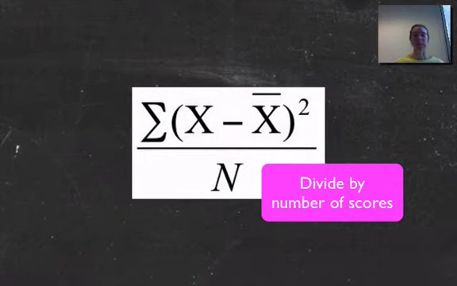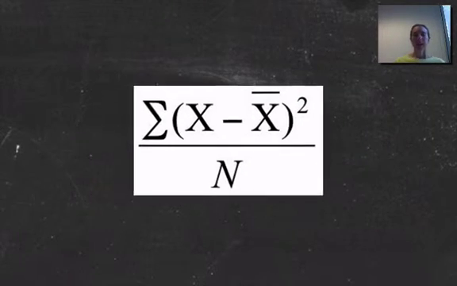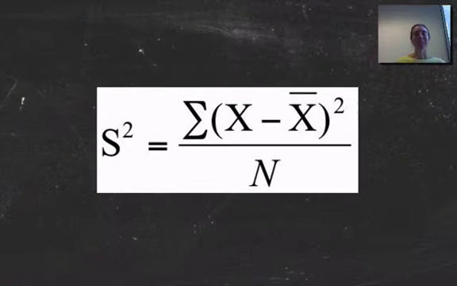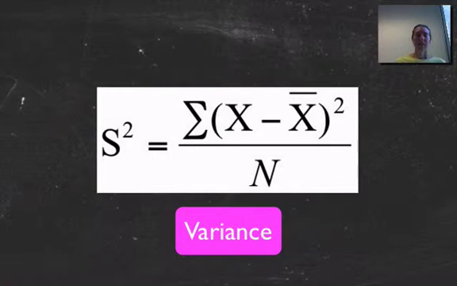So we're just taking the summed squared deviations adjusted by the number of people that I have in my sample. This gives us S squared. And going back to the formulas or the language that we talked about earlier, this is what we call the variance. And so the variance is those squared deviation scores summed up and adjusted by the number of people.